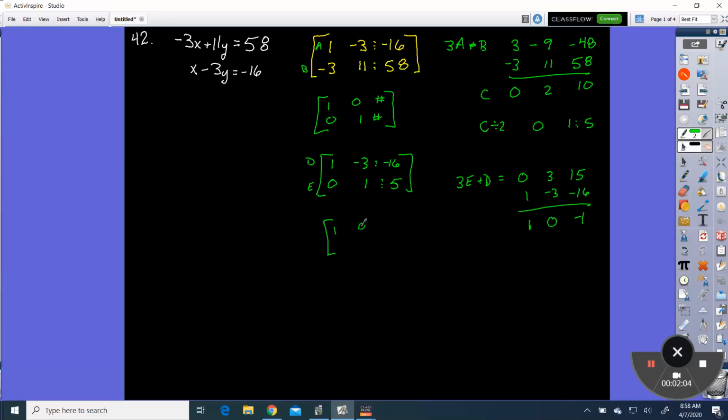So it's 1, 0, -1, 0, 1, 5. Okay. So that's how that works. Most of the time I just think of these as row 1 and row 2 instead of A, B, C, D, and E. If the A, B, C, D, E helps you better, do it that way. Okay.